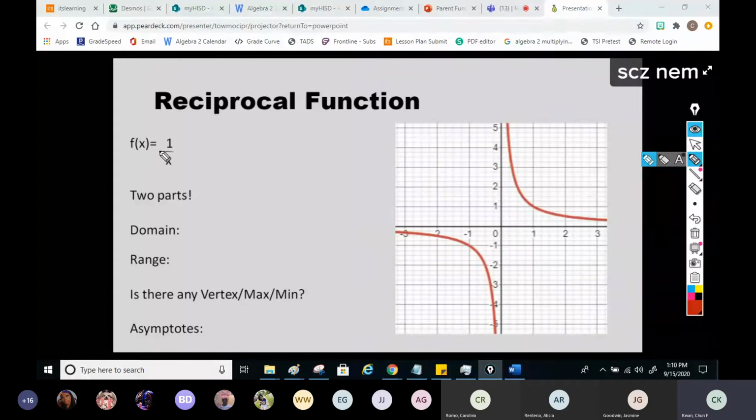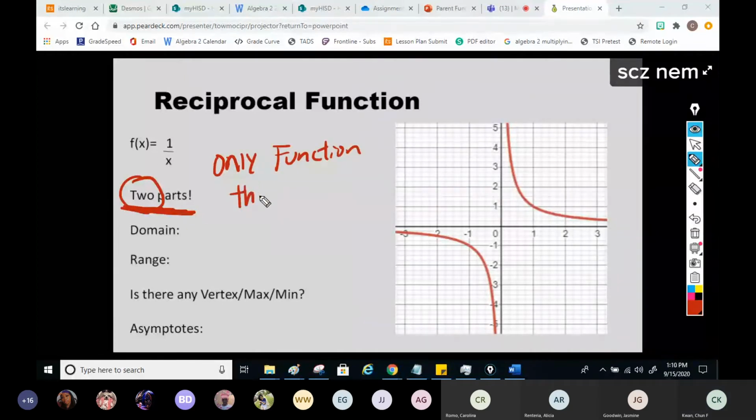All right, so f of x is 1 over x. So 1 divided by x, that would be your reciprocal function. And the special thing about it is this is the only function that splits into 2 parts.